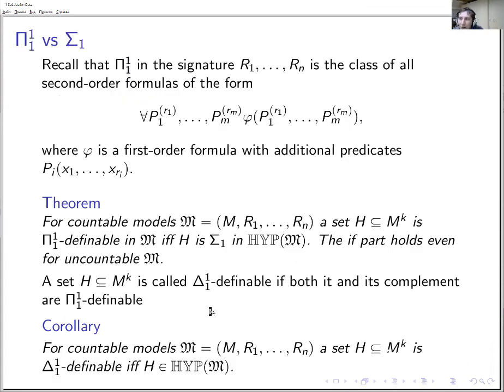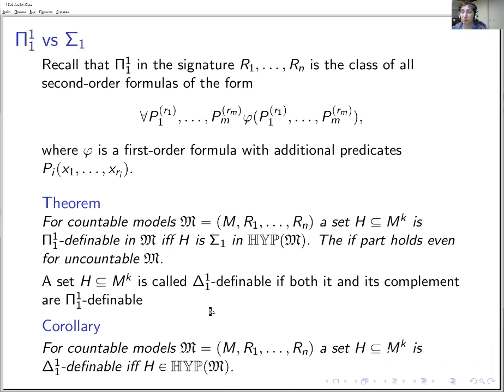Okay. So now let's go to some connection to second order definability. Recall that the class of pi 1 1 formulas in a given first order signature is the class of all formulas that start with some universal quantifiers over relations, and then we have a first order formula with these additional relations.